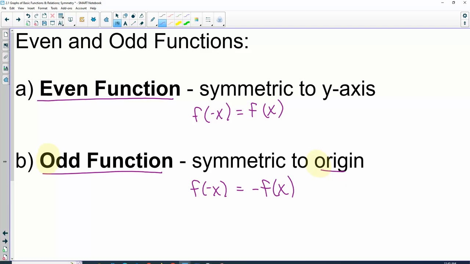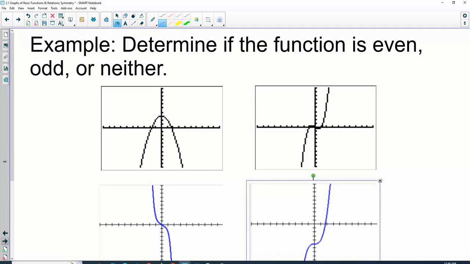So I want to take a look at a few graphs and decide if these would be even, odd, or neither. All right. So, even is symmetric to the y.